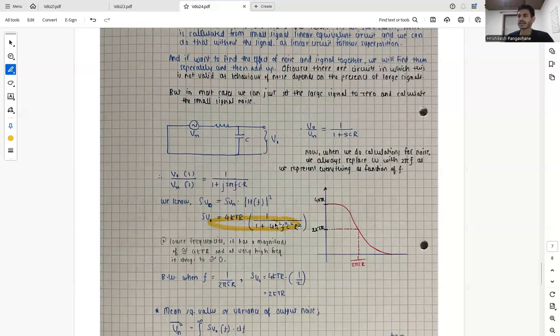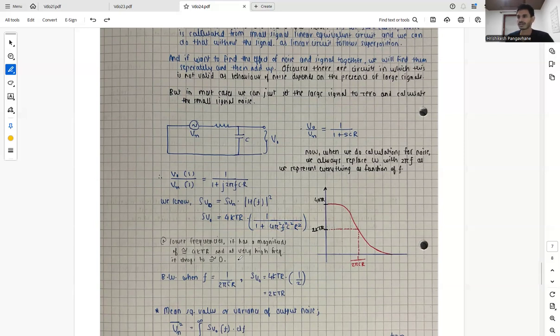So if we put in the value of the magnitude squared, from this equation we can say that at lower frequencies it has a magnitude which is almost equal to 4 KTR, and at very high frequencies the denominator becomes infinite and it drops to almost 0.